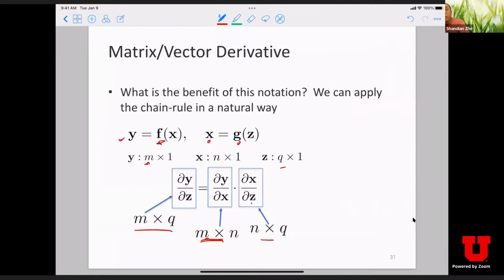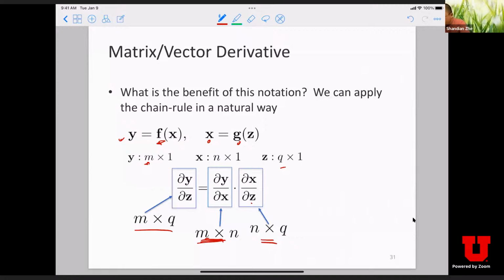So according to our definition, the Jacobian is of size n by q. Now we can simply multiply the two matrices together, and we get our partial y over partial z.